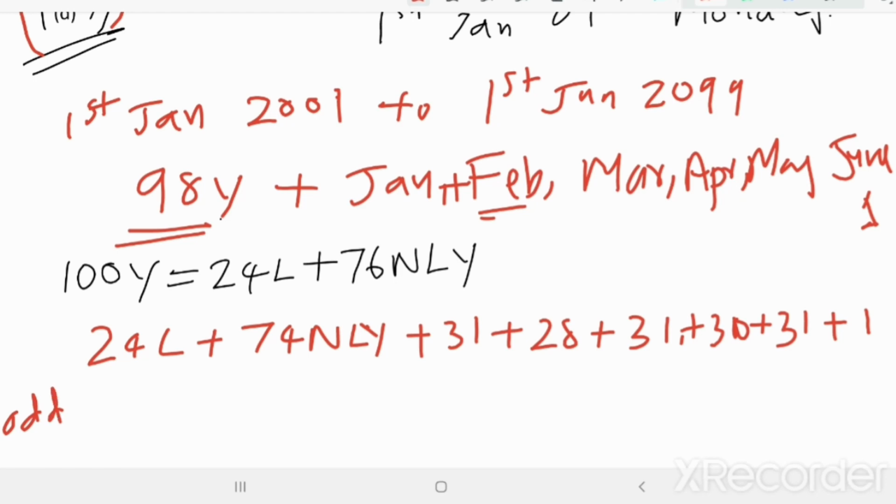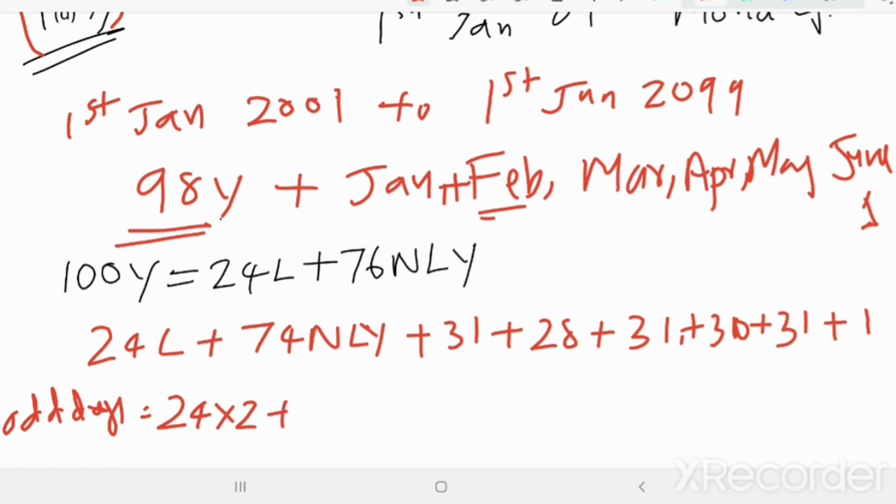Then how many odd days are there? In one leap year, which is equal to 366 days, 366 divided by 7, we get remainder equal to 2. This is called odd days. Then in 24 leap years there are 24 into 2 odd days.